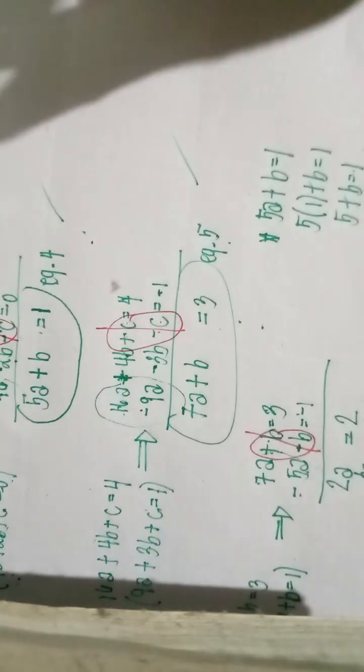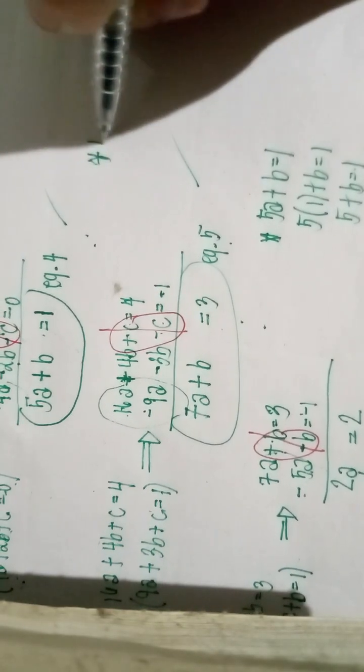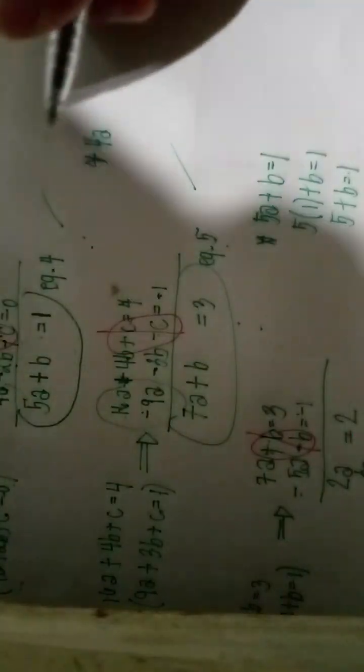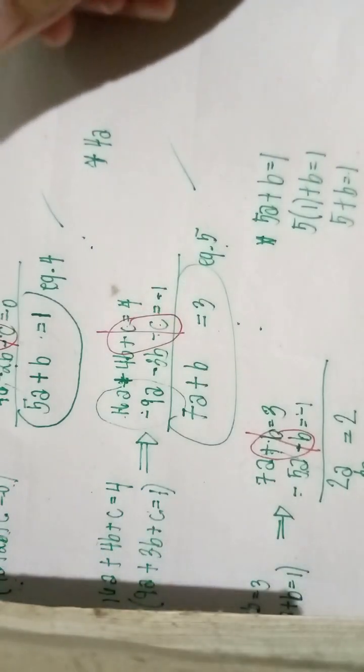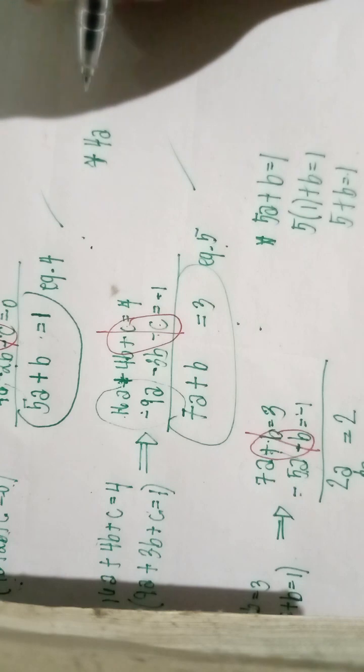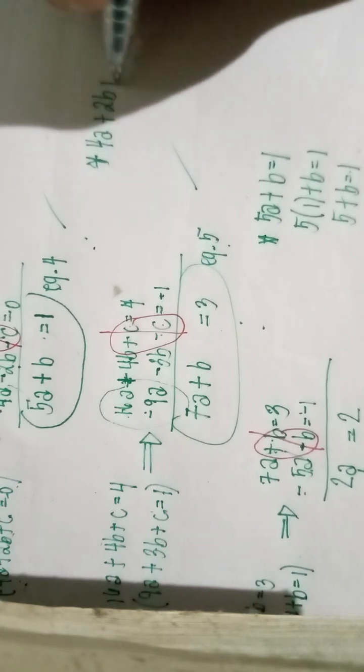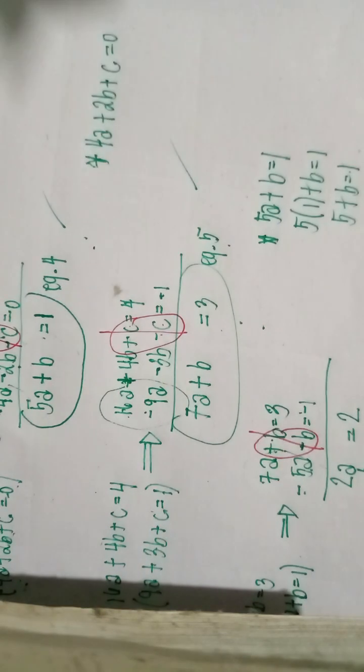For equation 1, we have 4a plus 2b plus c is equal to 0.